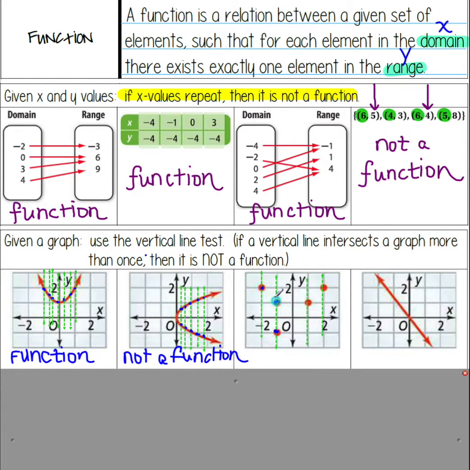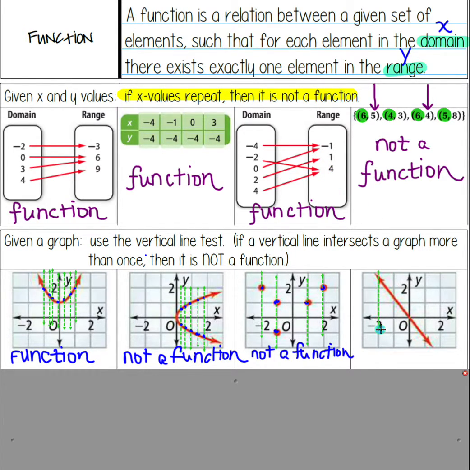Just from that alone, all I need is one line, and it intersected that vertical line two times, so this means that this is also not a function. It doesn't matter that the other points only intersected once. If one area of your graph intersects the vertical line in more than one place, then you can tell that it's not a function. So, last one.